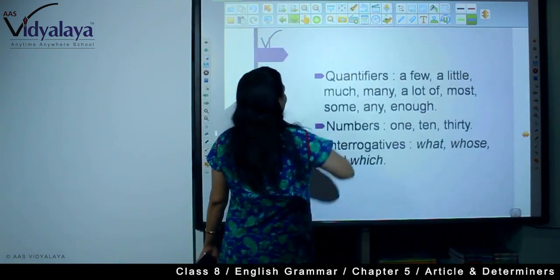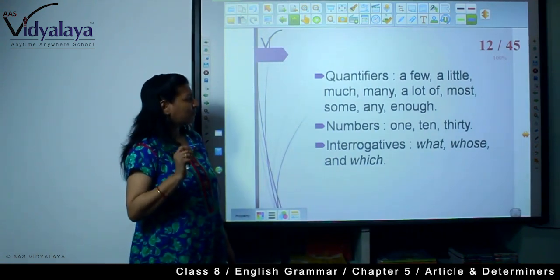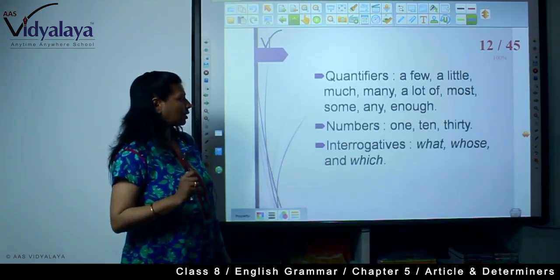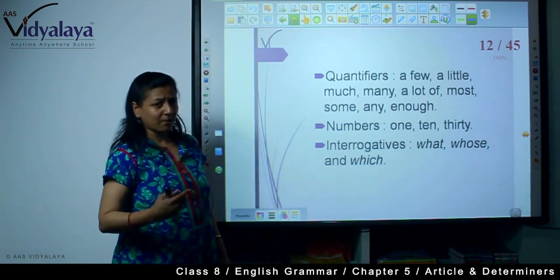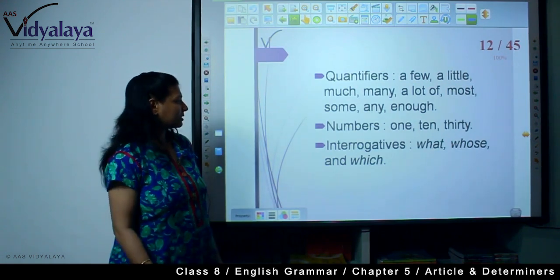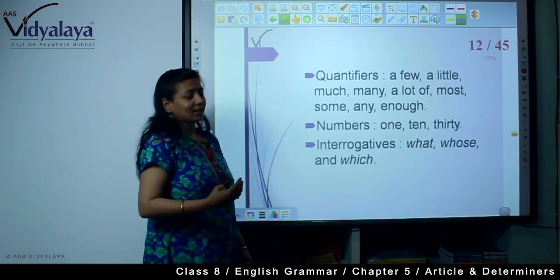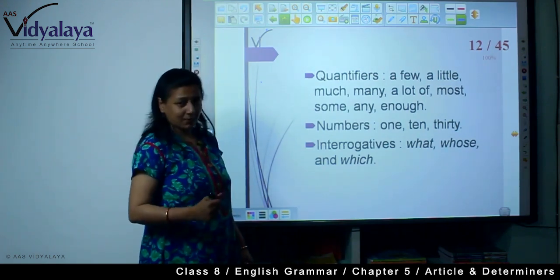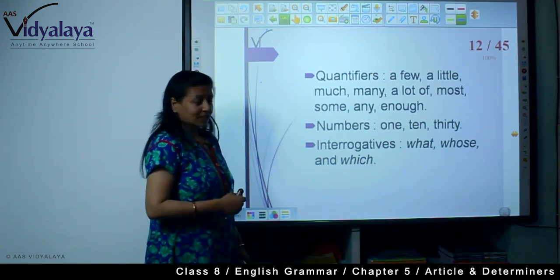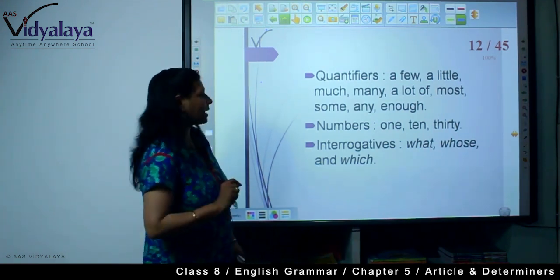Quantifiers: a few, a little, much, many, a lot of, most, some, any, enough. These are also determiners. Numbers: 1, 10, 30, one article, 10 boys, 30 people. Then interrogatives: what, whose and which. These are all determiners.